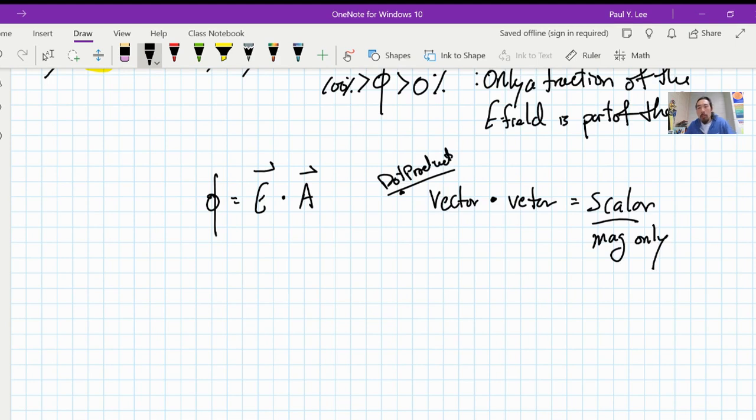A vector requires a direction, but if you multiply two vectors and you're looking at the dot product, you end up with just a scalar. The direction doesn't matter. And the way it works out mathematically, and that's the whole reason why I went through that, is the formula turns out to be E field cosine of theta times the area. And that cosine theta is showing us what this dot product really represents.